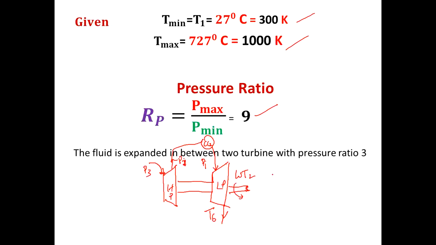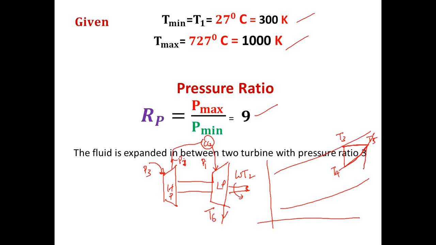Therefore you have to observe the intermediate pressure here. This is the maximum pressure, this is the minimum pressure. In between what you have is the intermediate pressure. You want to write like this. First you write whatever temperature you have T3, and then whatever you have T5, and then you write T4.